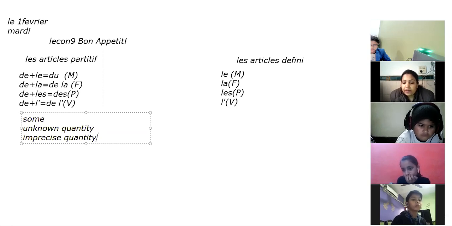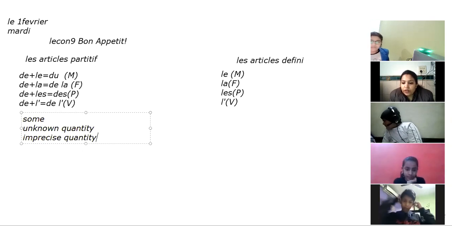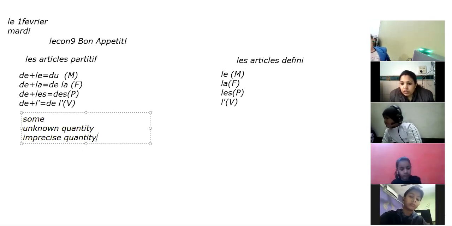Can you identify that if you are eating carrot, radish, beetroot, and tomato, are you just counting 50 grams of carrot, 50 grams of radish, 100 grams of beetroot? No. So these types of things are imprecise. The quantity is unknown. For such eatable items, we are going to use article partitif.